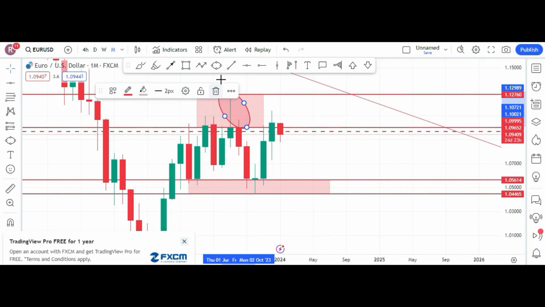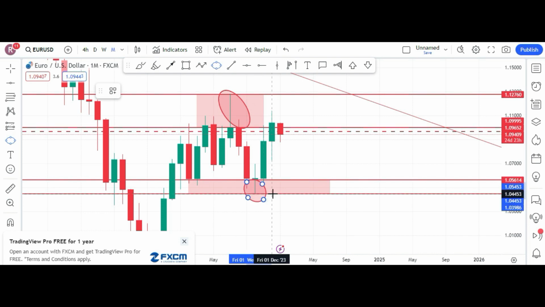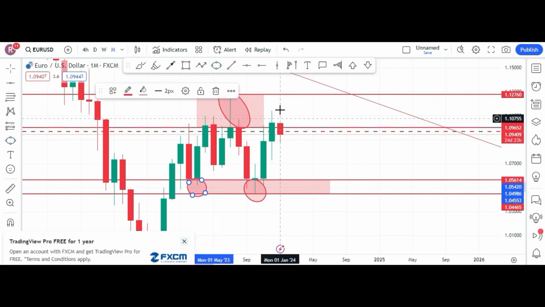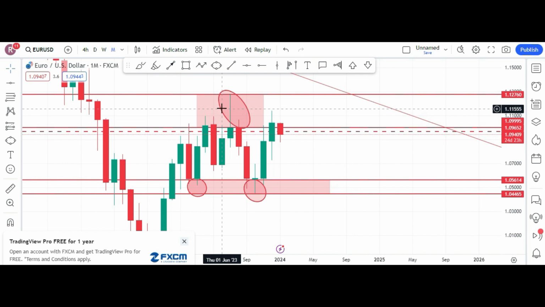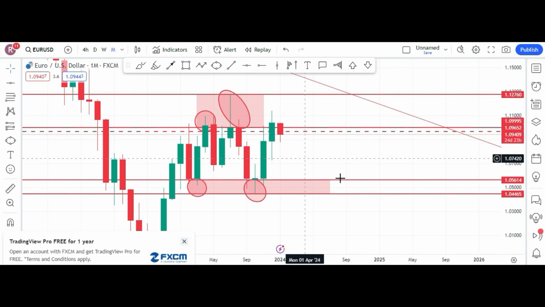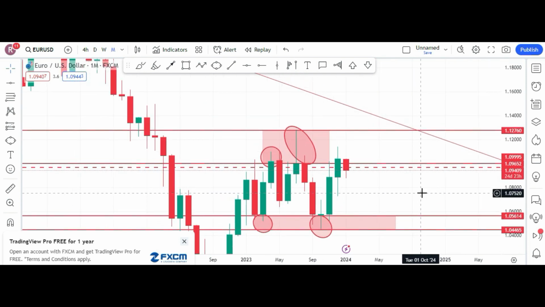And this double bottom, okay, comparing with this guy, we don't have anything here, and we have this double top based on these two. Now we reached here, and what happened here is this.